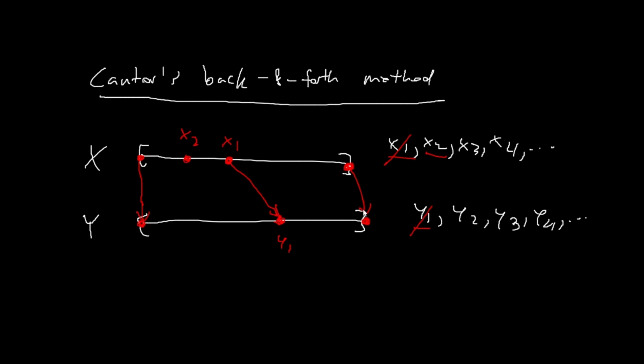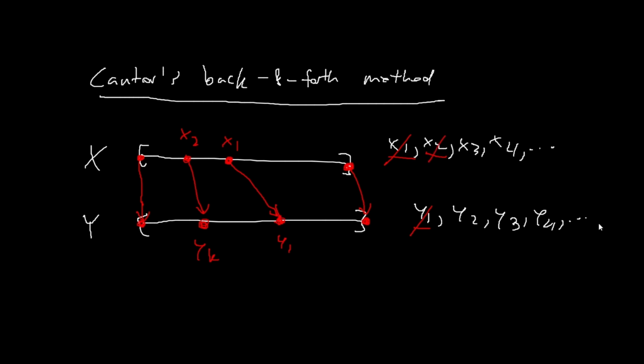If it's on the right interval, go to Y3 and check if it's on the left interval or on the right interval. If it's still on the right interval, go to Y4 and then Y5, up until you find the first instance of Y sub k that's on the left interval. And then you would send X2 to Yk.